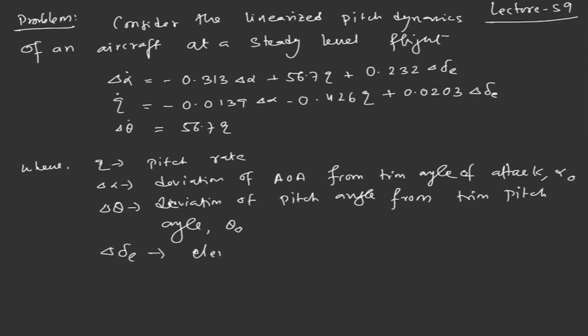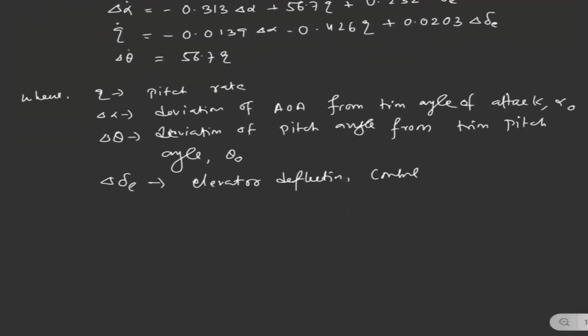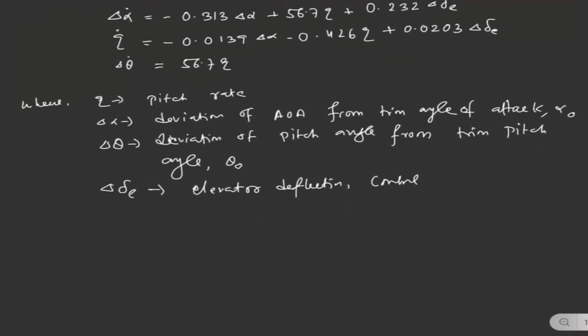delta E, the elevator deflection, is basically the control. And also we are assuming there is an elevator servo system, which gives the desired delta E to the system.